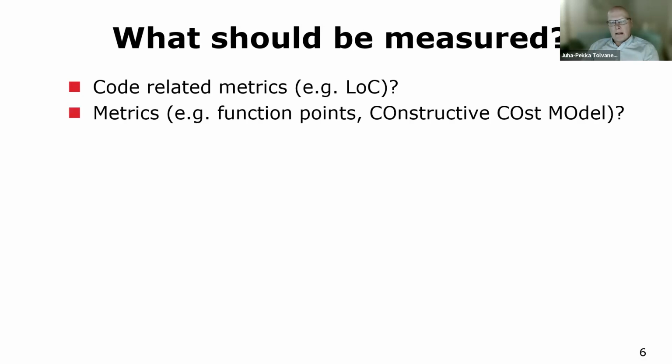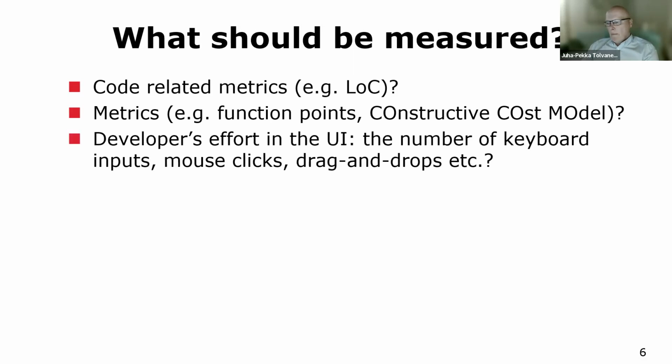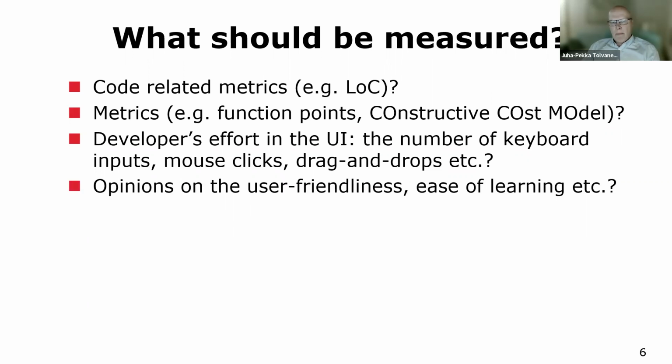Or maybe you are looking at whether I can implement the same system with the same amount of function points or other metrics by using the old language and the DSL? Or maybe I'm calculating how many clicks I need to do in the interface to get the work done, or drags and drops and whatever the user interactions are. Or maybe we are just asking opinions.